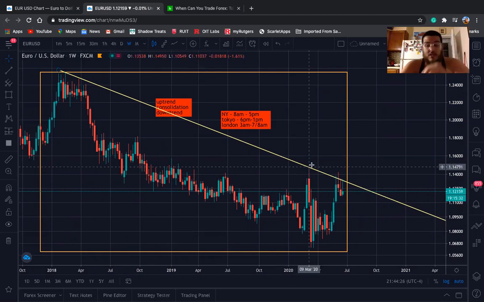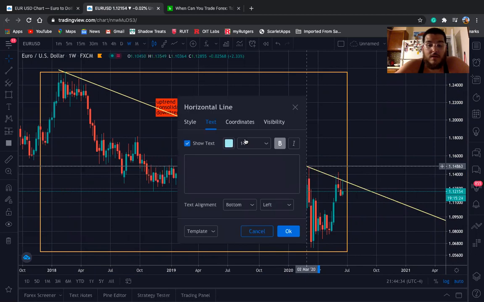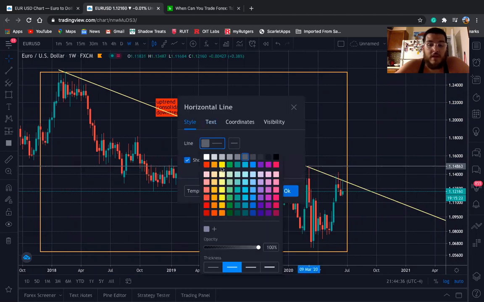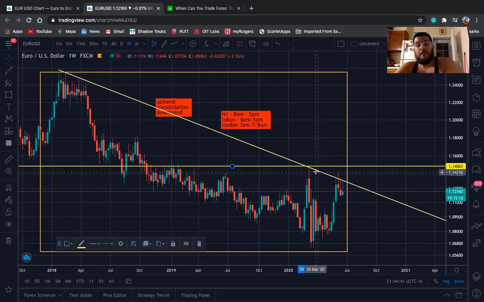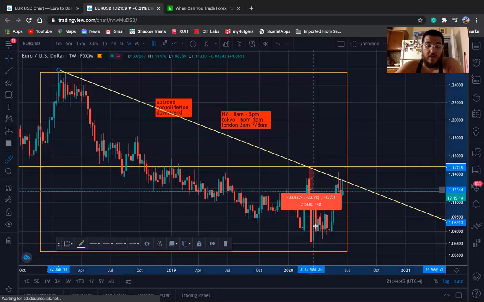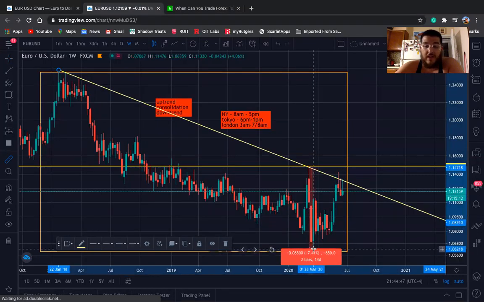It came up to this trend line at about, and I'll drop a horizontal line on this real quick, just to show you the significance of marking up charts like this. I'm gonna take this off, make this a yellow. So you see it came up at this trend line here, bounced, and that was the biggest move and made downwards. And this is 2 weeks of sales. This is 2 weeks of the market going down. That's 850 pips.